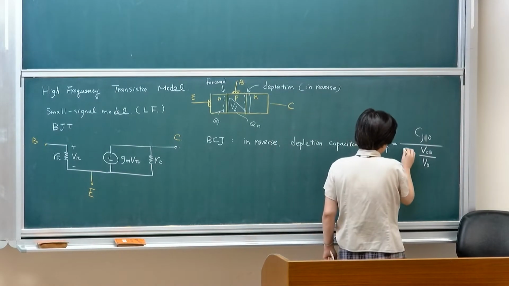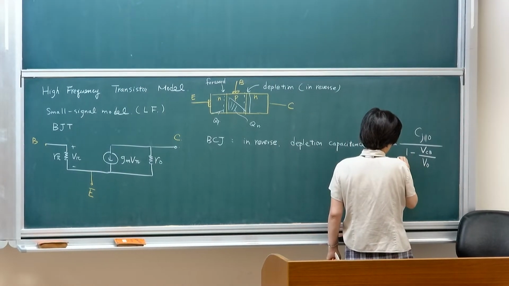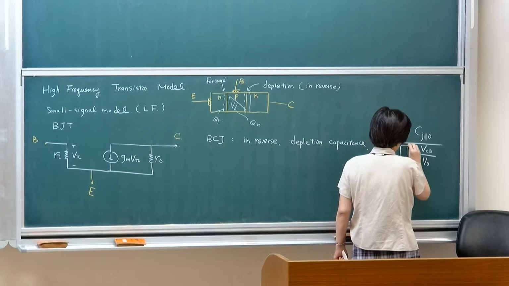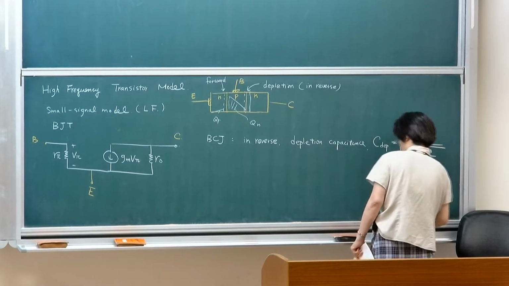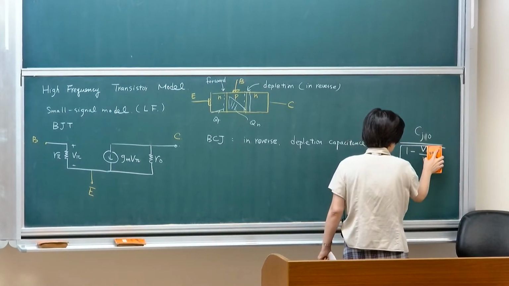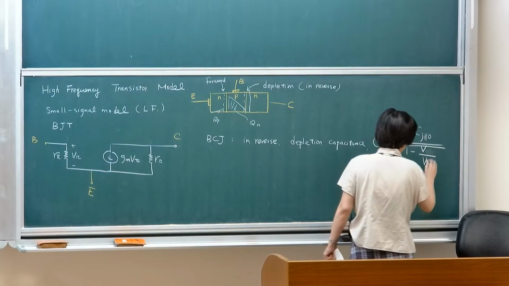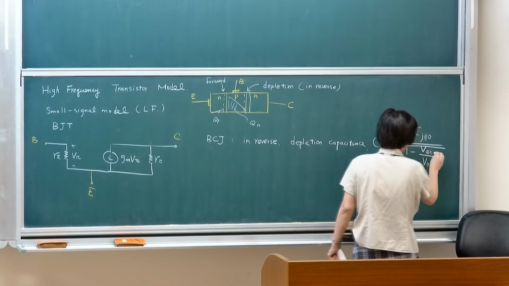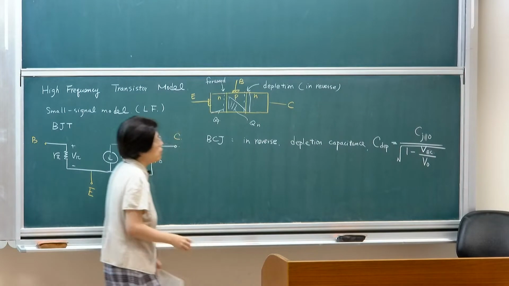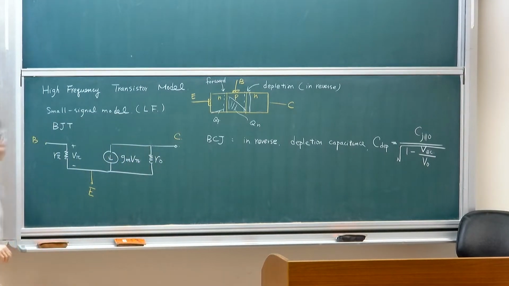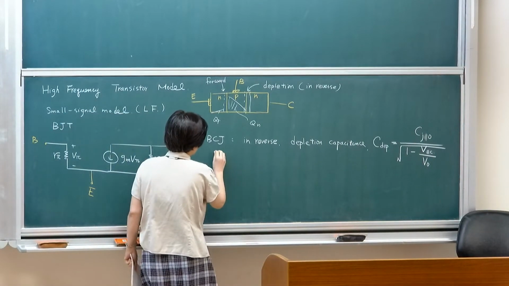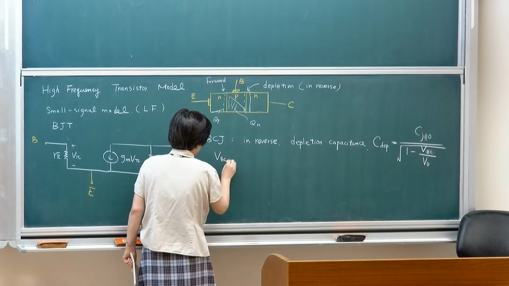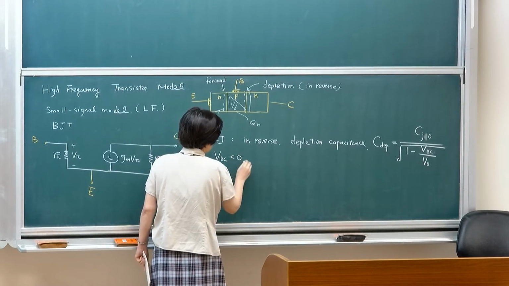And typically, if you look at the equation, it should be a square root of 2. Remember, VBC is negative, therefore the negative sign will then become VBC. Here, VBC is smaller than 0.